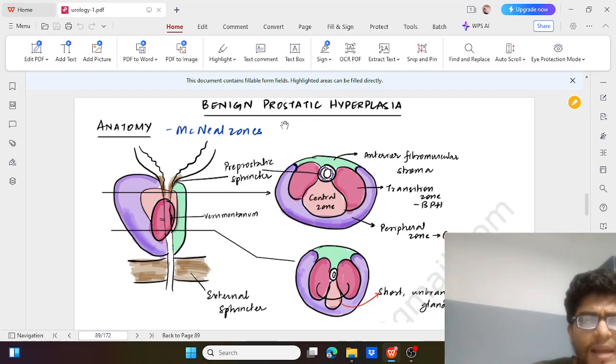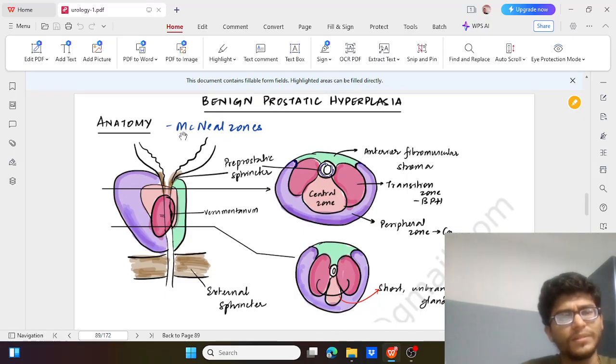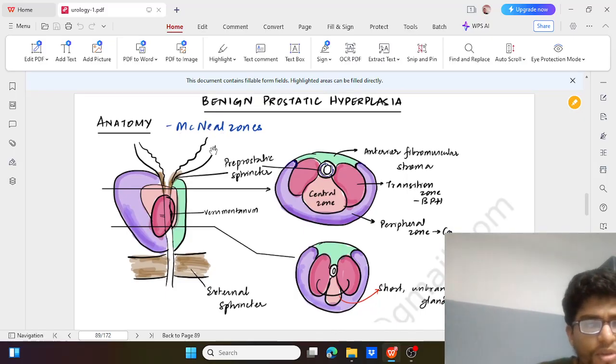So, benign prostatic hyperplasia. Before going further, we'll go over the anatomy. So, anatomy of the prostate.